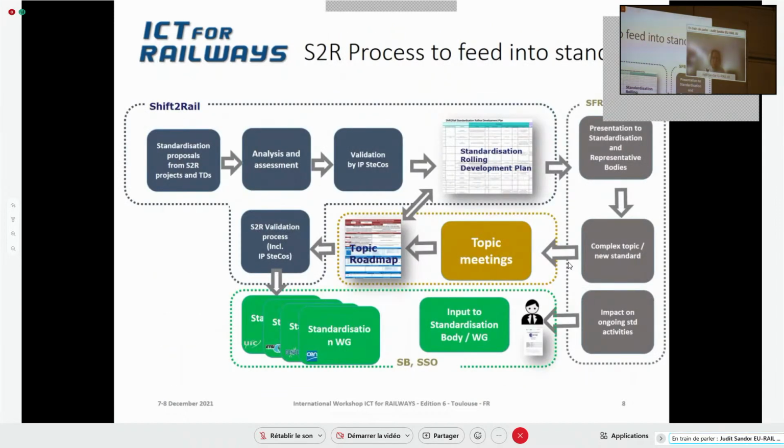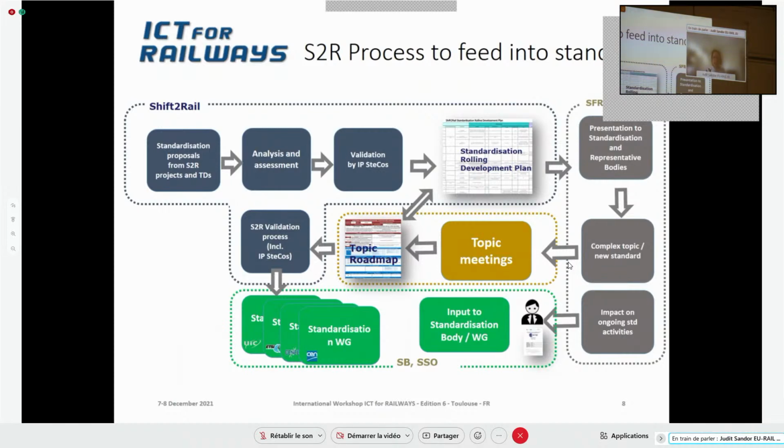Of course, if rail wants to remain competitive and meet the current challenges and needs, then it's important that the standardization paths are well defined and agreed at a sectorial level. So here there is a process that identifies how Shift2Rail inputs can feed into the standardization flow.